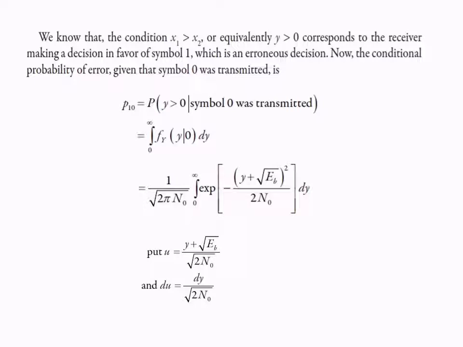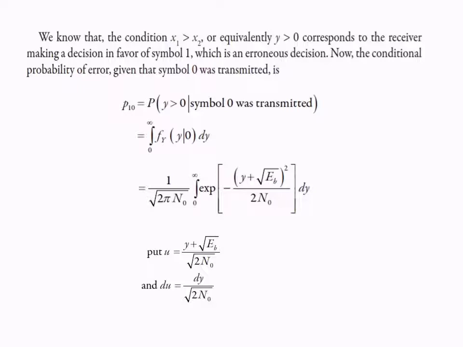Error happens when we are transmitting symbol 0 but receiving symbol 1, or the observation vector lies in the Z1 region, and that condition is x1 greater than x2, or equivalently y greater than 0, which is an erroneous decision. Now the conditional probability of error given that symbol 0 was transmitted can be written as p10 equal to P of y greater than 0 given that symbol 0 was transmitted.